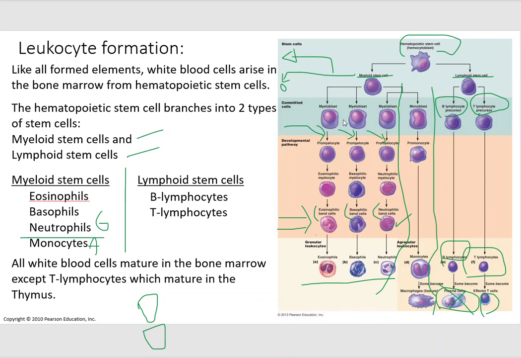I mean, these are the exact same cell right here, exactly the same. Which way they go depends on the chemical signal they get. So usually we want to control the production based upon what we need. If you've got a bacterial infection in the tissues, you're probably going to make a lot of neutrophils, maybe some monocytes.